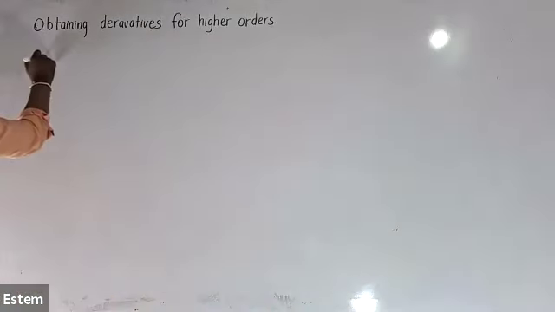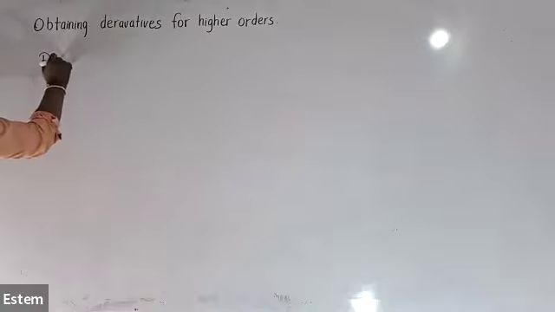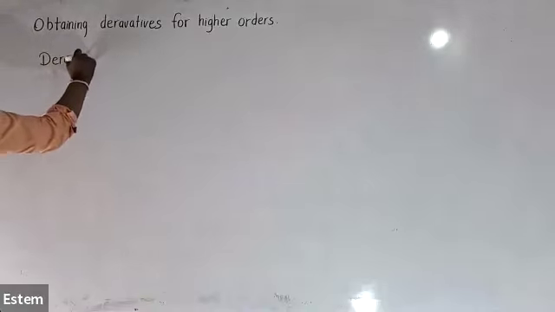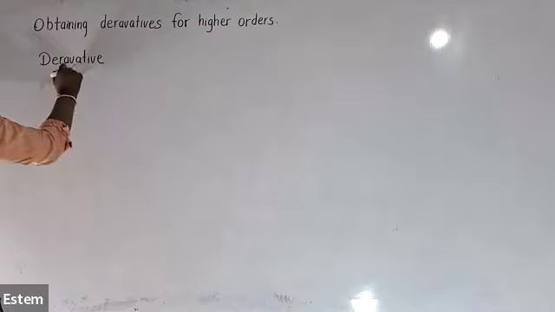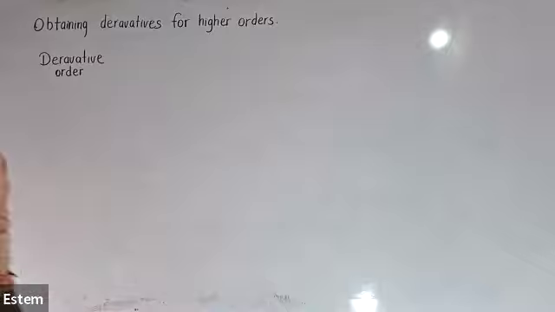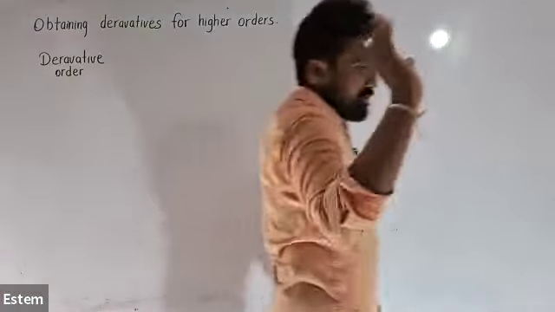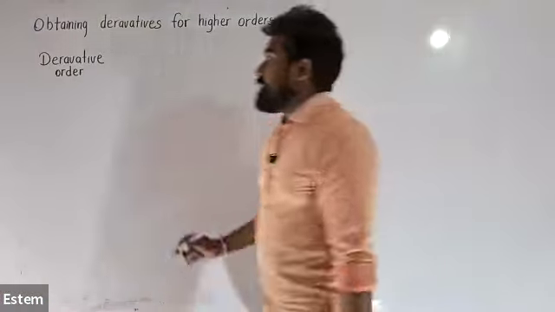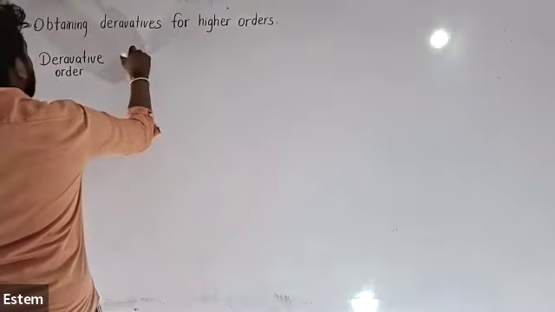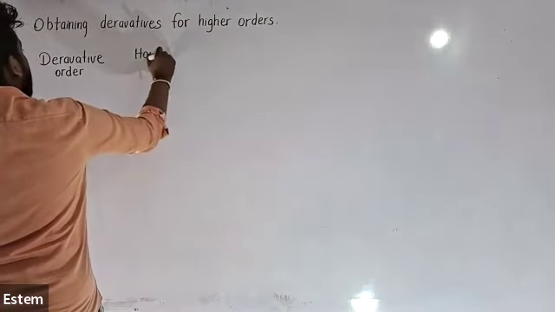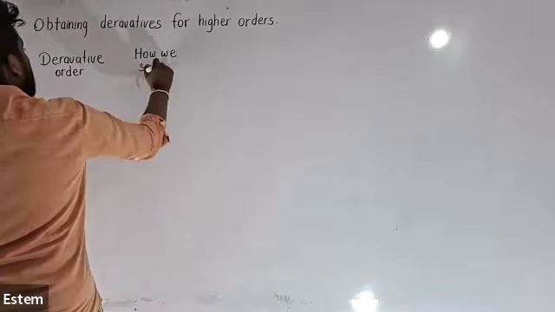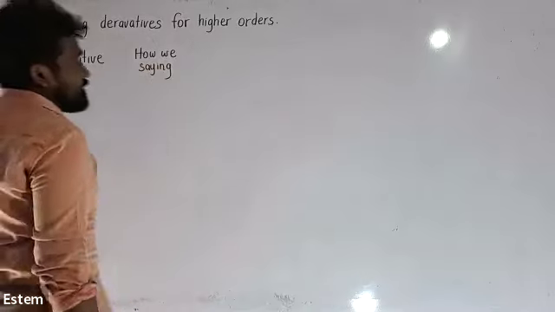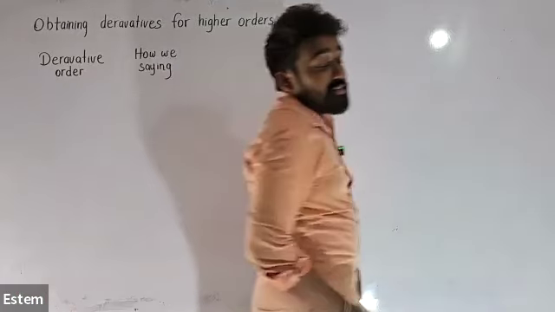Okay. Now we have a table here. The first column is derivative order. The second column is how we say it. There is a pattern in saying also.